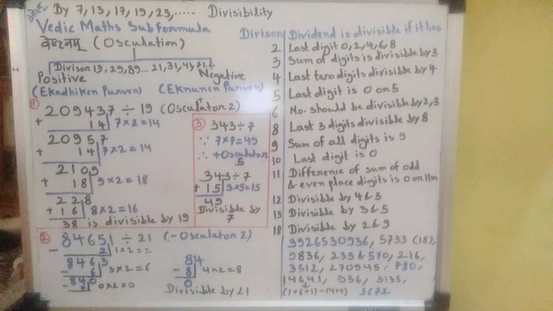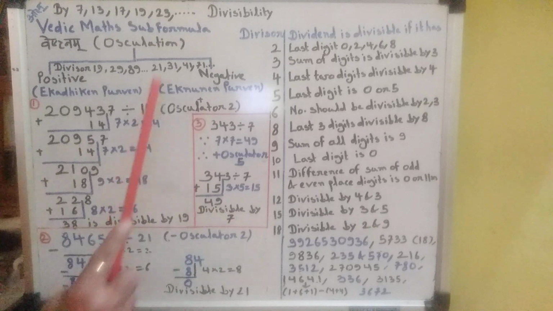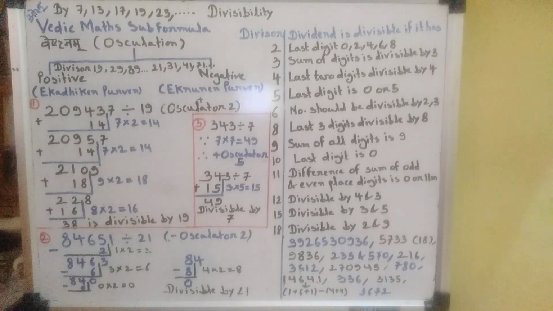So the negative osculator is 3 only. Dropping 0, the digit that remains will be the negative osculator. For 41, we use Ekanyūnena Pūrveṇa. We subtract 1 from the number. 41 minus 1 is 40. So the negative osculator is 4 only. For 71, 71 minus 1 is 70. So the negative osculator is 7 only.